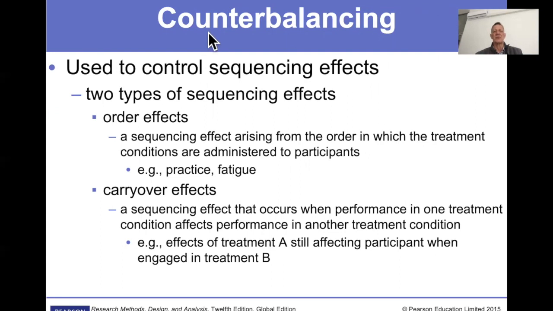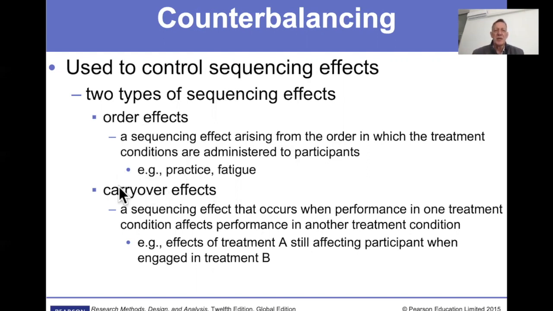Counterbalancing is used to control sequencing effects. There are 2 types of sequencing effects. The one is an order effect. It's a type of sequencing effect arising from the order in which the treatment conditions are administered to participants, which may lead to them practicing and getting better over time or experiencing fatigue.